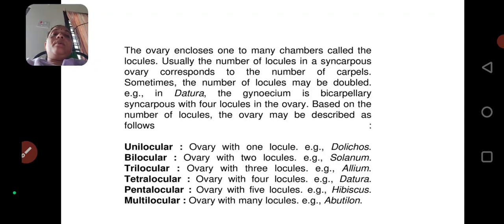Bilocular means 2 locules, example solanum. Trilocular means 3 locules, example allium. Tetralocular means 4 locules, example datura. Pentalocular means 5 locules, example hibiscus. Multilocular means many locules, example abutilon.